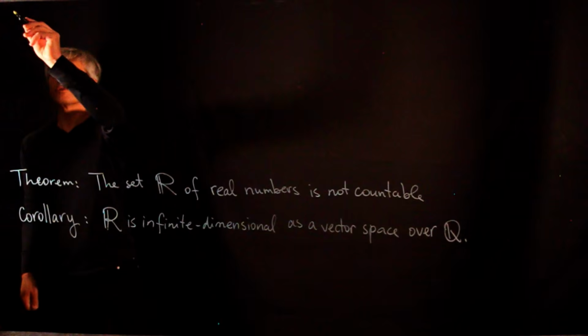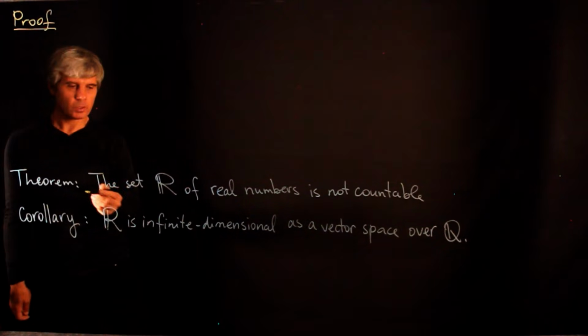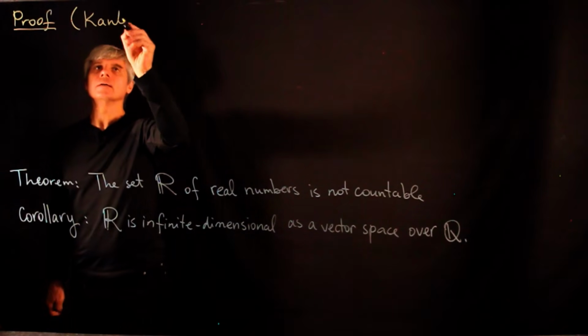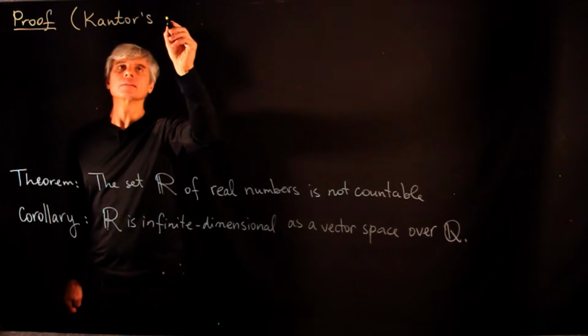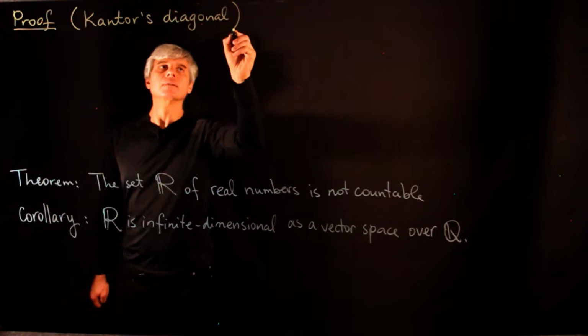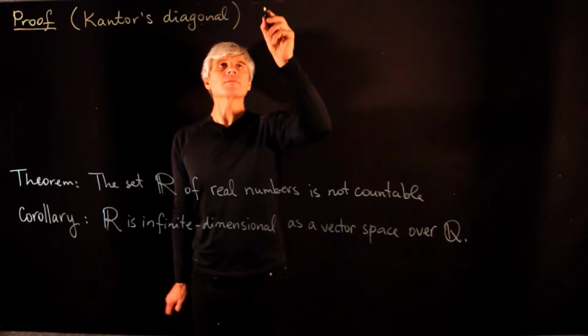Now let's give a proof of this theorem. This method of proof is called Cantor's diagonal. We are going to prove by contradiction.